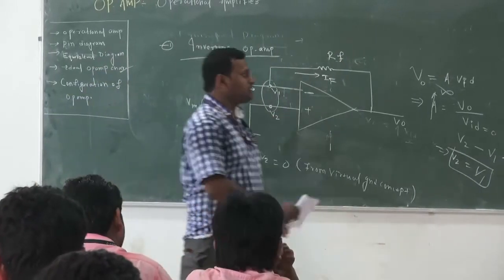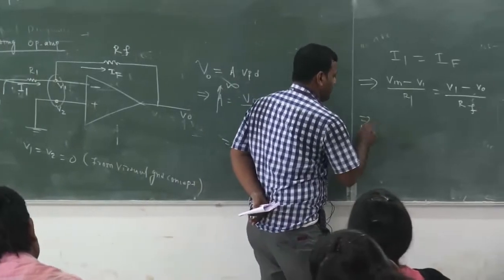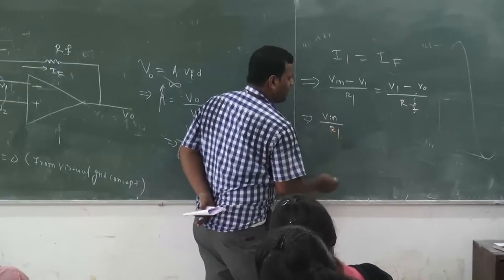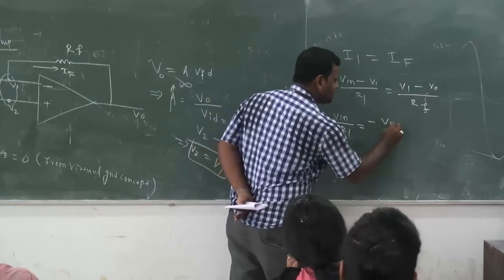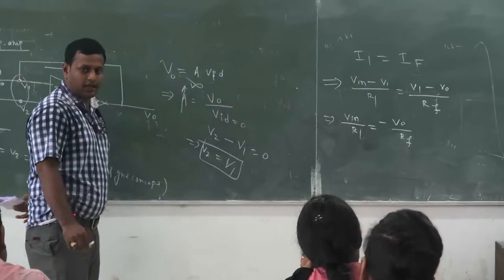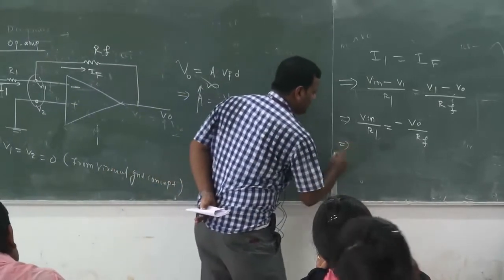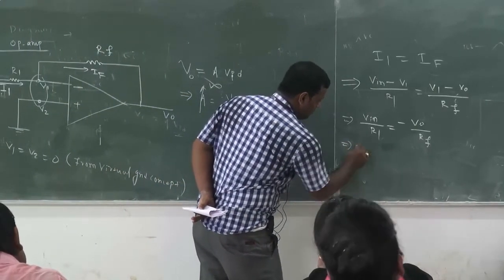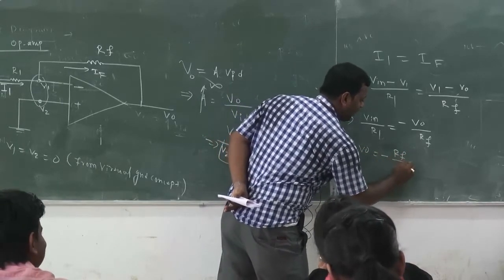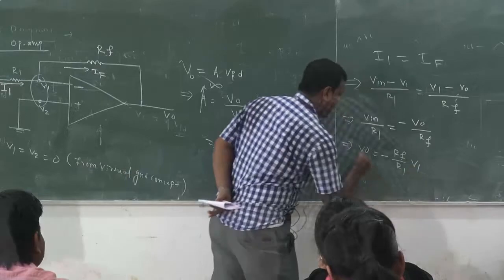Now I am putting that into the equation. So V in by R1 is equal to minus V0 by Rf. From this I can say V0 is equal to minus Rf by R1 into V in.